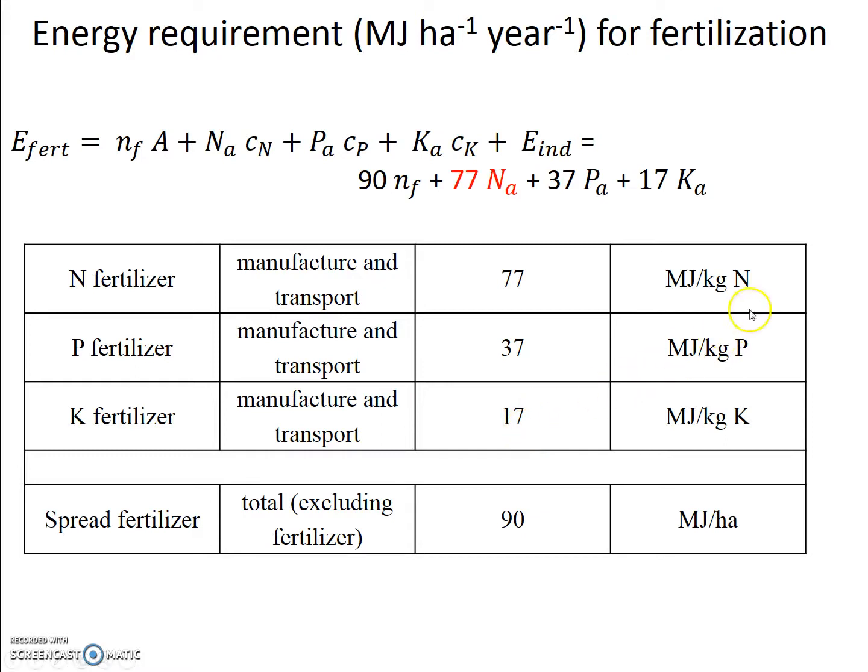It is clear that as the amounts of nitrogen are usually higher than the amounts of phosphorus and potassium, and the coefficient is also much higher, the main component for energy requirements in fertilization is related to nitrogen.